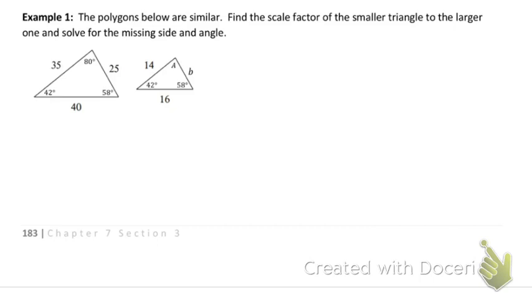When I read a question like this, what I'm going to do first is the angle. The angle requires almost no math. It just takes your knowledge of what similar means. To be similar, all of their angles must have a corresponding congruent angle on the other one. So if we look at 42 degrees, that matches up with that 42 degrees on the other side. This 58 matches up with the 58 over here.